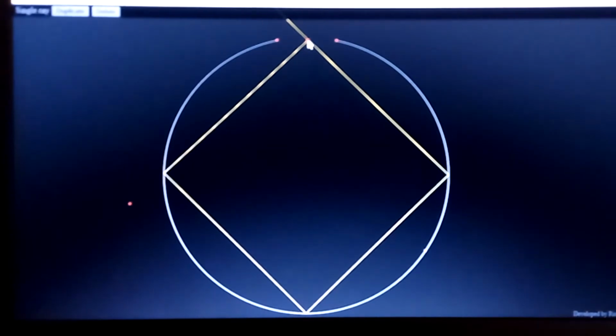And this is very important to understand. It must meet the beginning for it to be a perfect integer.